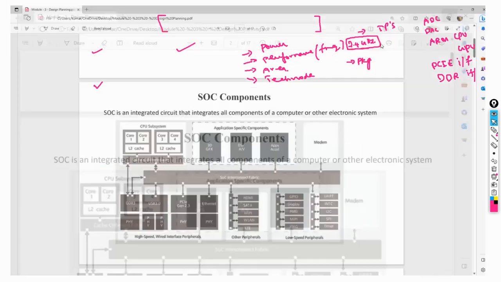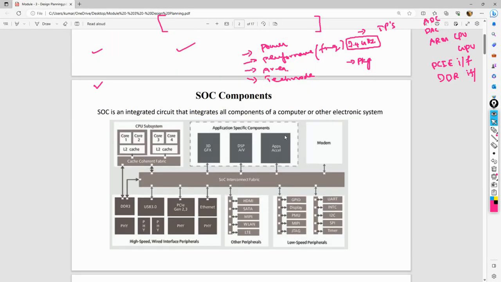For example, any chip that you take, you will have a CPU subsystem, say quad core, L1 cache inside the core, and L2 cache, and then a graphics core, then your DSP core and custom applications, and then a modem. Say you have DDR5, USB, PCIe, Ethernet, and then your Bluetooth, wireless LAN, and high speed interface. And these are all the low speed interfaces and all of that.